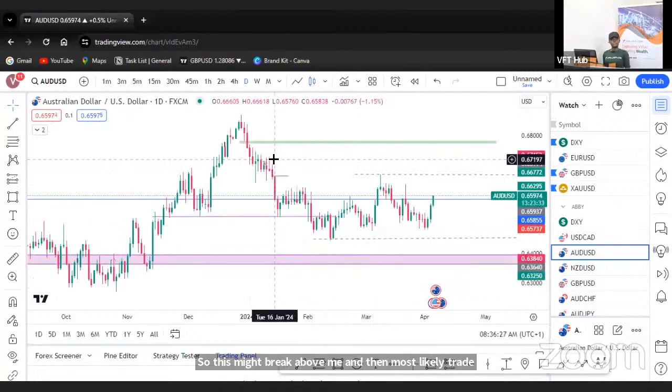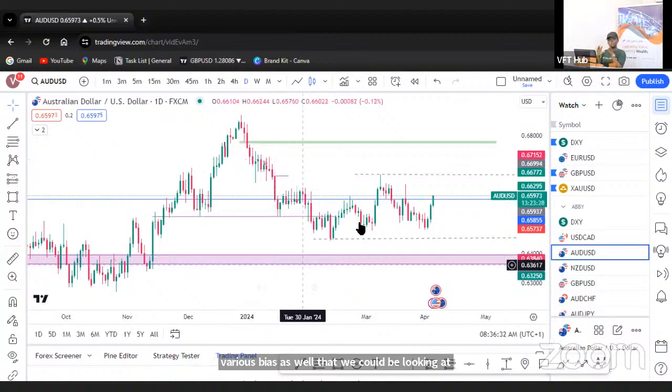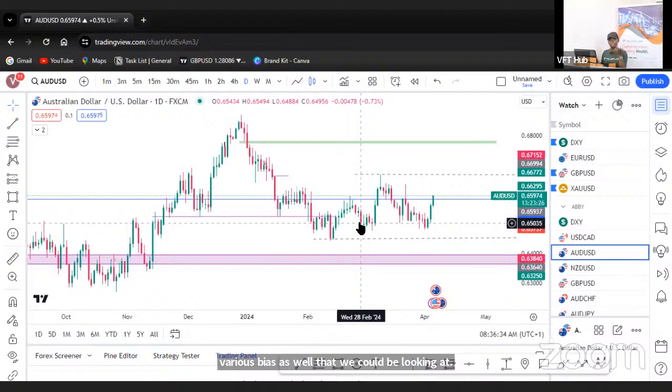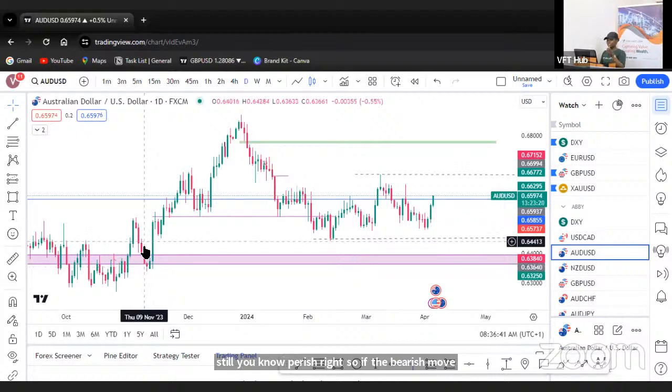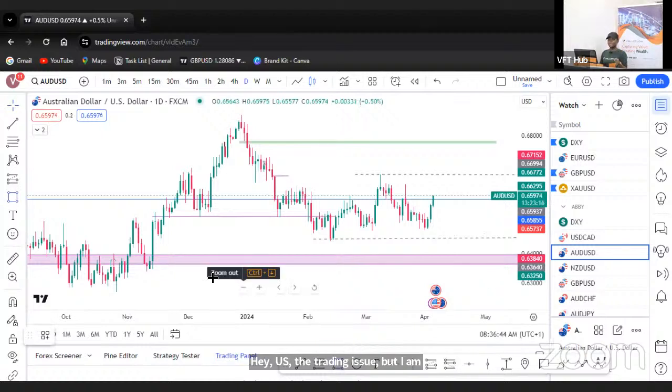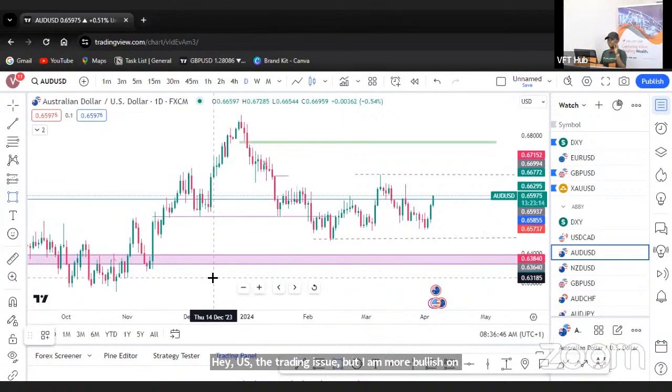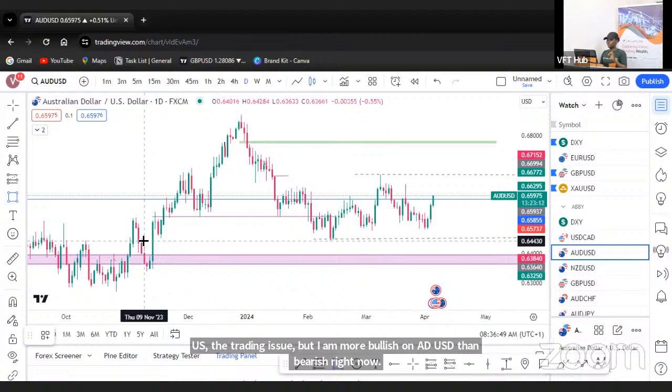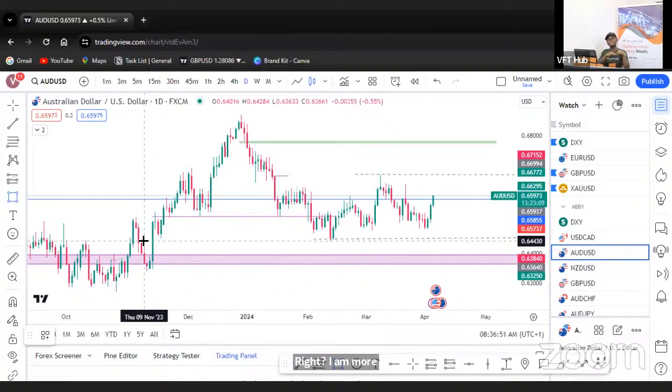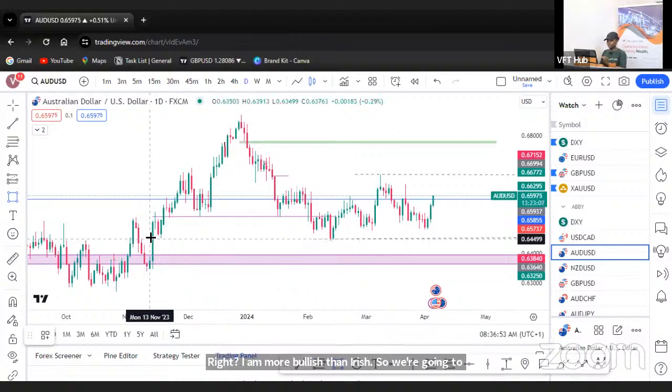Now there is some sort of bearish bias as well that we could be looking at, because on the weekly and daily time frame it was still bearish, right? So if the bearish move continues, this is the level that we're looking at AUD/USD trading into, but I am more bullish on AUD/USD than bearish right now, right? I am more bullish than bearish. So we're going to be looking at the charts and flowing along with what the market is doing.